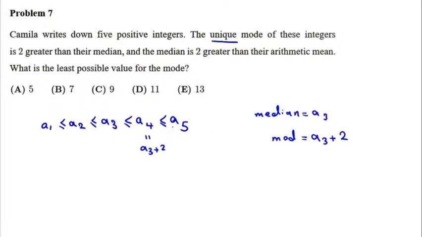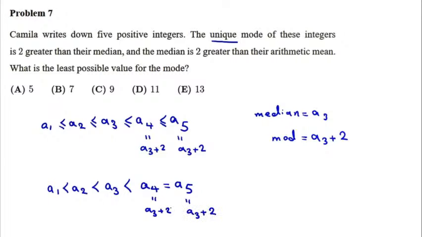Because the mode is A3 plus 2, these 2 things have to be A3 plus 2, and we have 2 of them. So all other numbers should be different, because if they are equal, then we don't have a unique mode. So A1 less than A2, less than A3, less than A4 equal to A5. That A4 is A3 plus 2, A5 is also A3 plus 2.